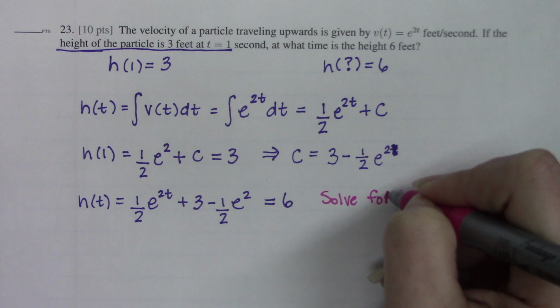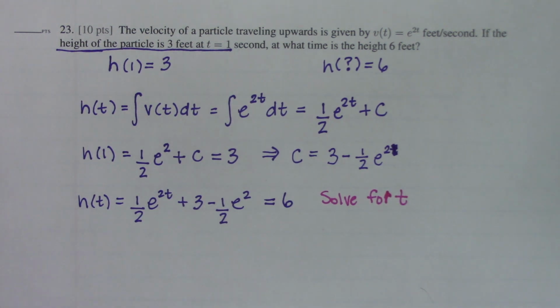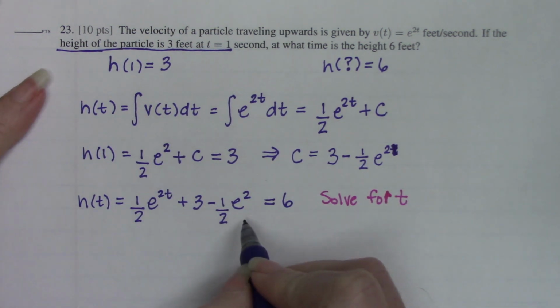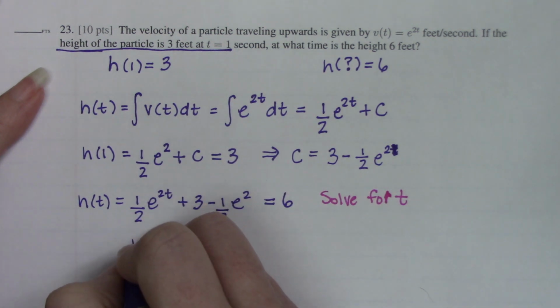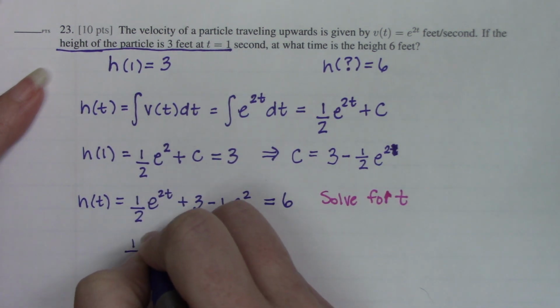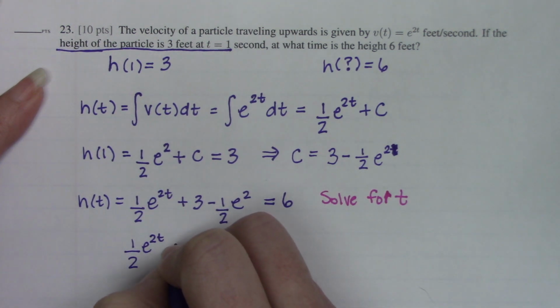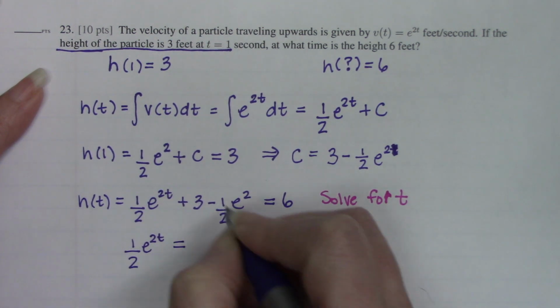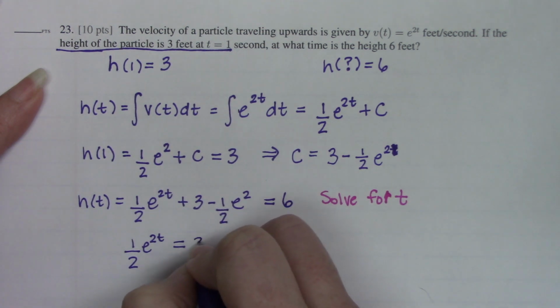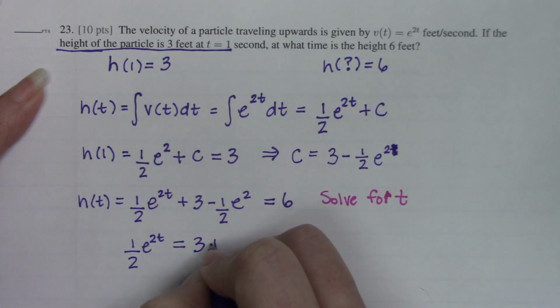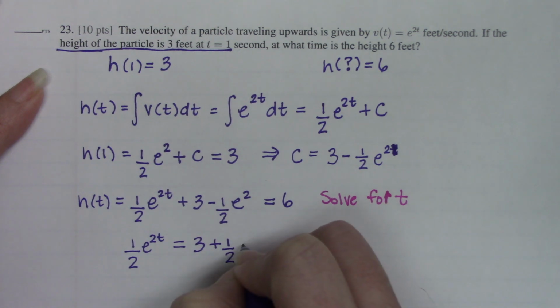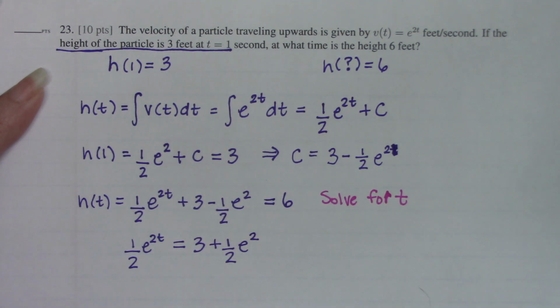Sorry, I didn't mean to, marker slipped. Solve this for t. So that means get t by itself. So I'm going to leave the 1/2 e to the 2t. Move everything that doesn't have a t with it to the other side. So 6 minus 3 is 3. When we move this over, we get plus 1/2 e squared.